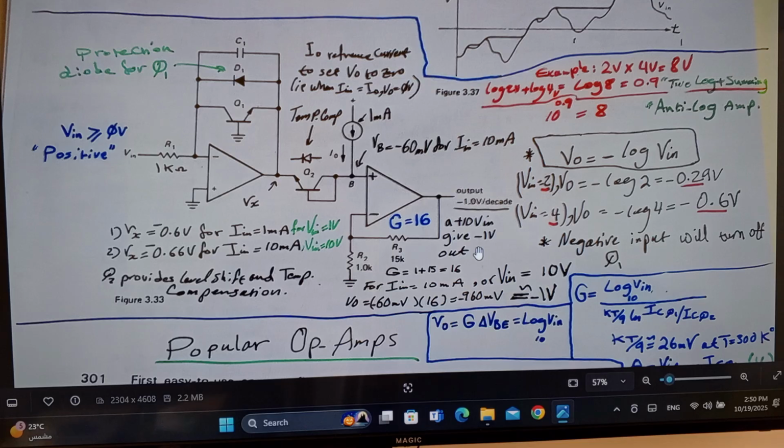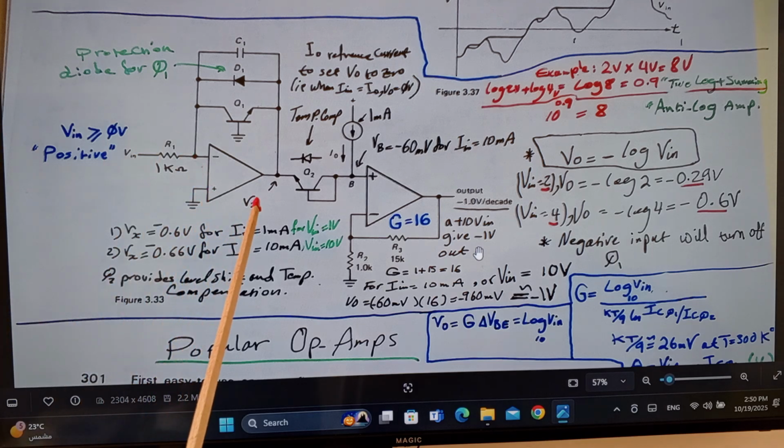Okay, so let's see what's going to happen when we apply some voltages. Suppose we applied 1 volt at the input in here. And this is a virtual ground. So that means 1 volt over the 1K gives you 1 milliamp.